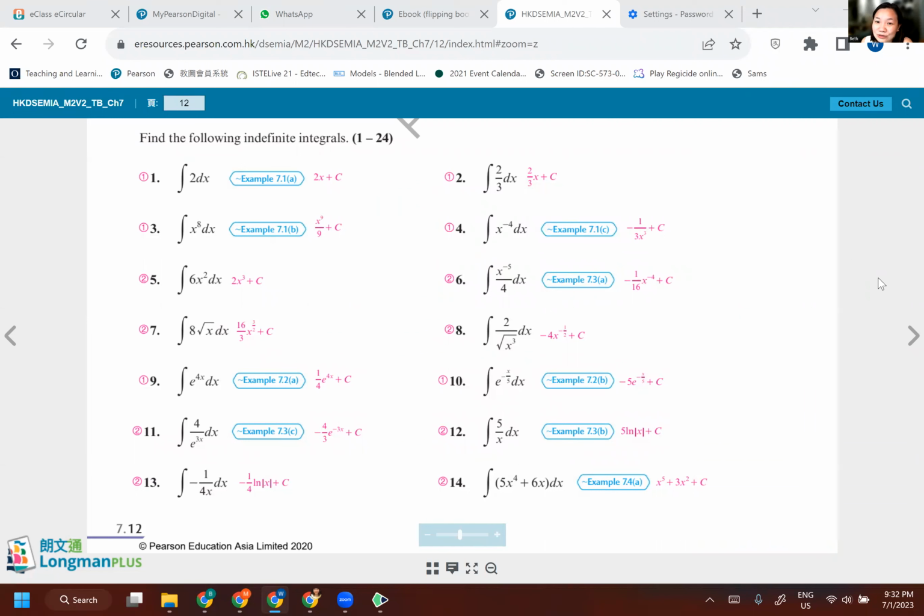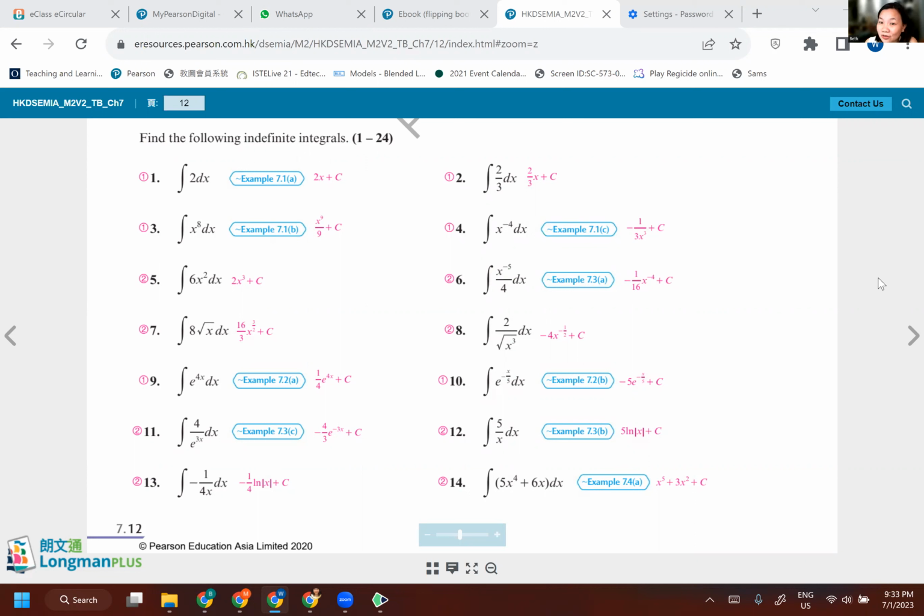Conceptually, you should know that these problems can be solved using one of the formulas. Sometimes you may need to take out the coefficient before you use the formula.